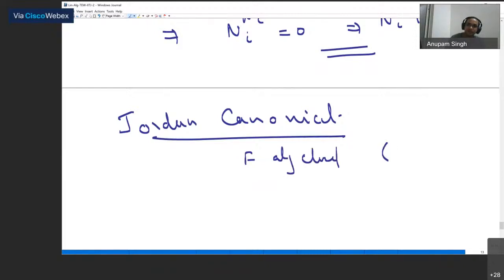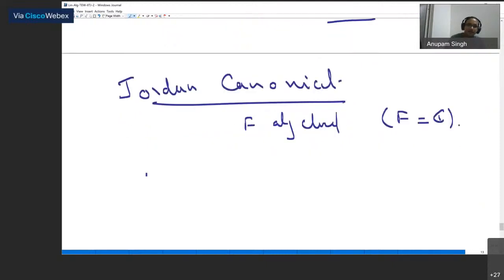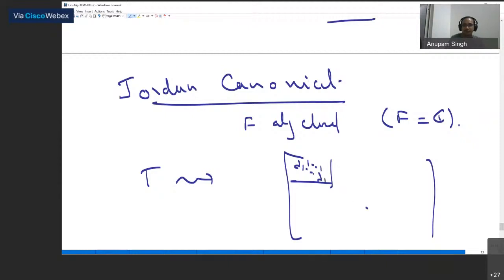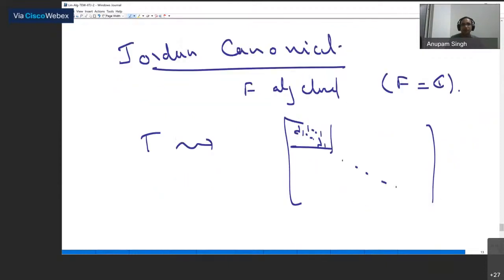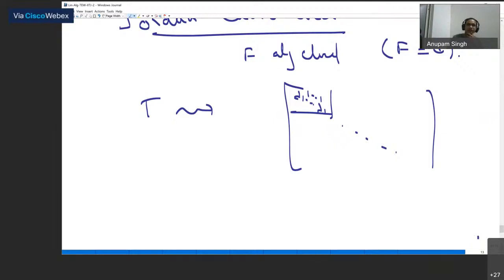For example, F could be C. So here we are seeing that T will look like various blocks of kind like, lambda 1, 1, 1, 1, 1, and this kind of blocks, right?